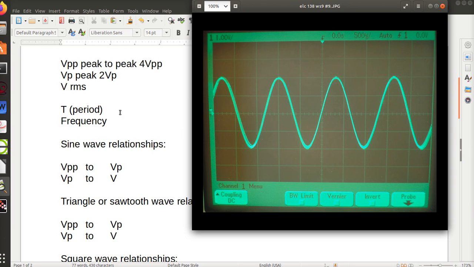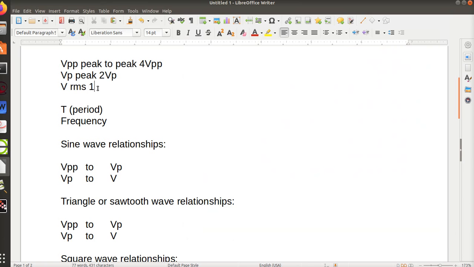Okay? I'm going to tell you down here that for a sine wave, in order to be complete, the RMS is about 71% of the peak voltage. So if I take 2 and I multiply it by 0.71, I get about 1.41. 1.42 if I do 0.72.